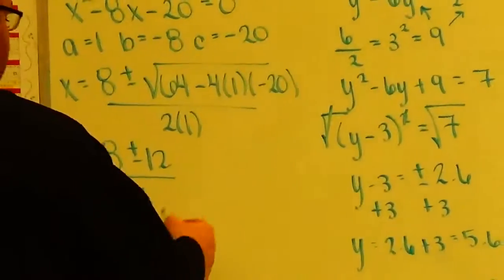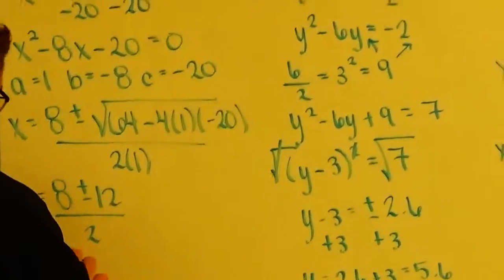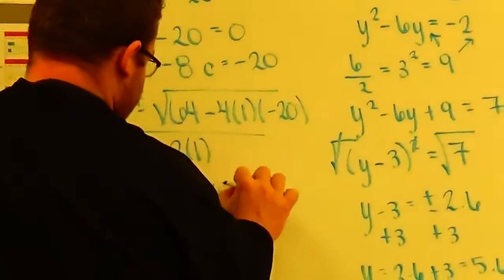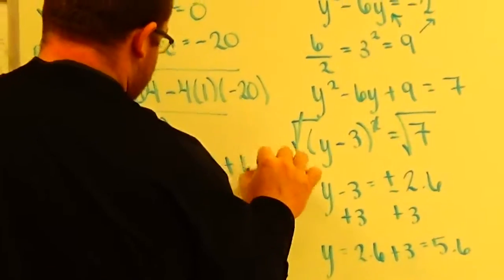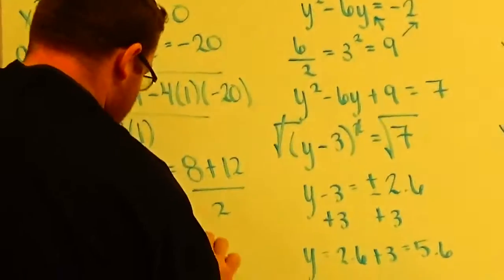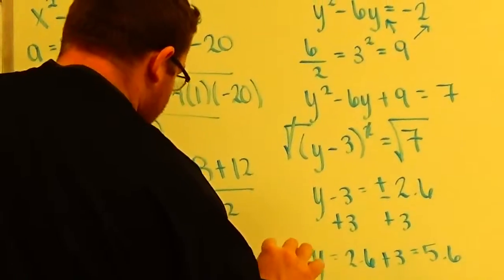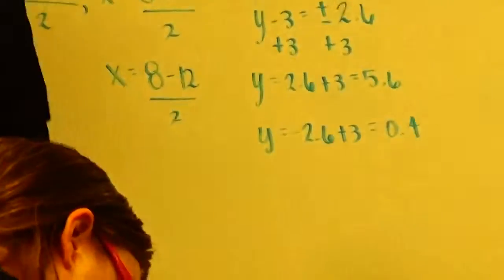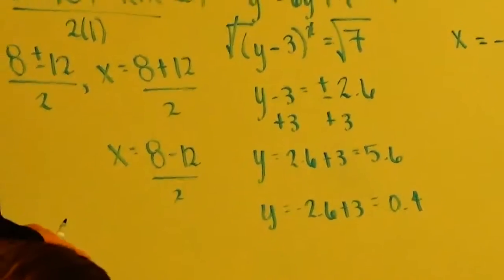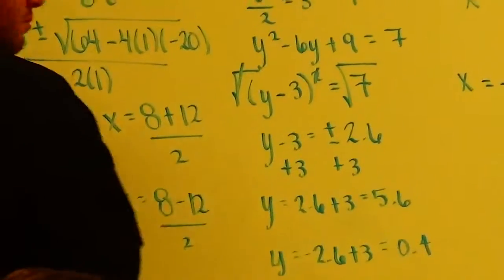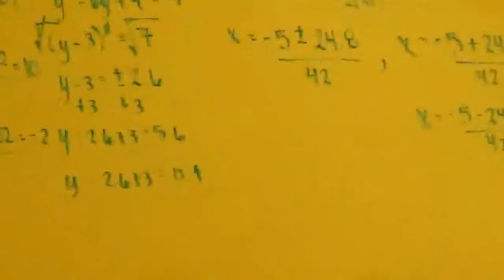Make this your two equations: x equals 8 plus 12 over 2, and x equals 8 minus 12 over 2. What's 8 plus 12? 20. What's 20 divided by 2? That's your first answer. What's 8 minus 12? Negative 4. What's negative 4 divided by 2? There's your two answers. Good, Will.